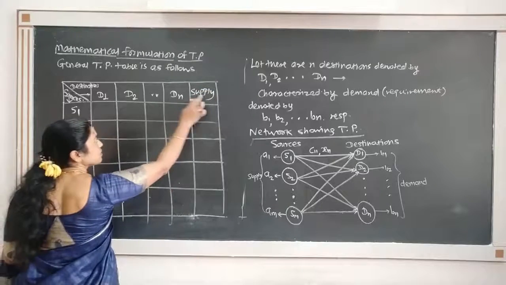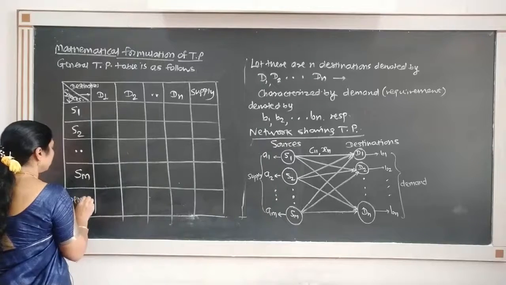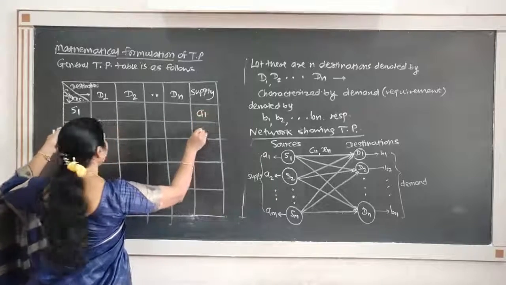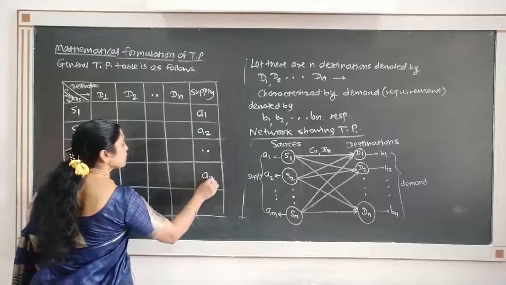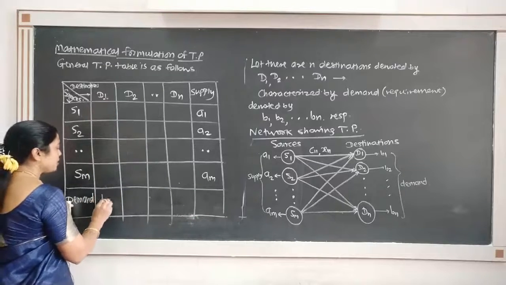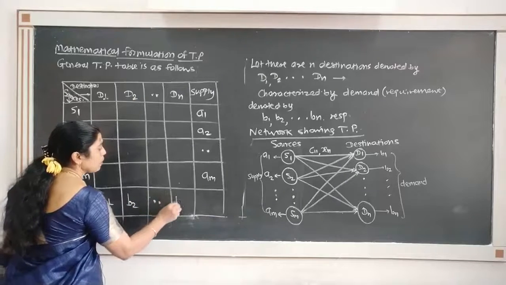These sources have supply, whereas these destinations have demand. So S1 has supply, suppose A1, S2 has supply A2, and so on. Sm has supply Am. Similarly, the destination D1 has demand B1, then B2, and so on, Bn.